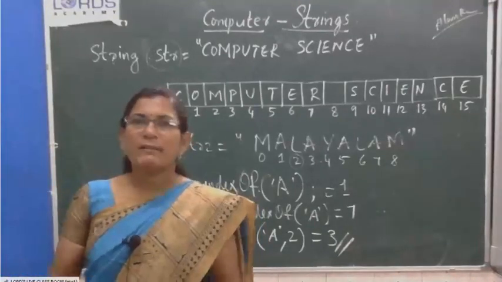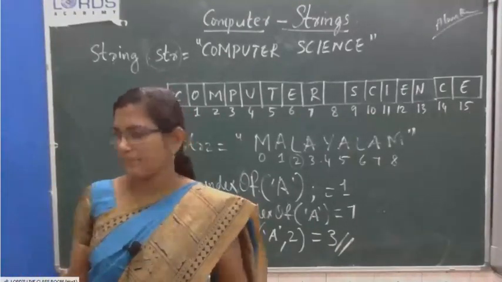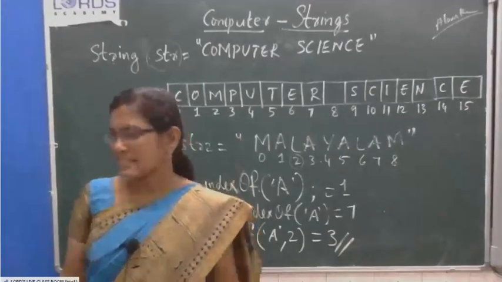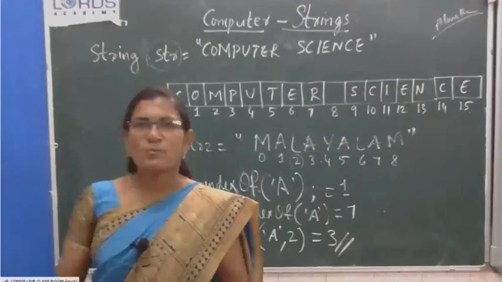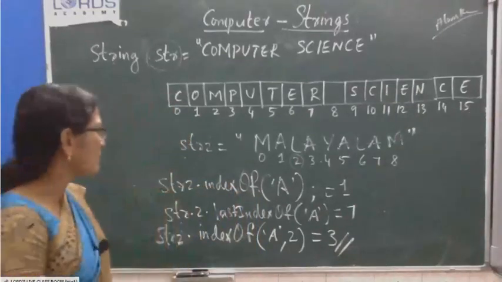I want to take out a group of characters from a string. 2 more methods I will just discuss. Substring method. Okay. I just want to take out a group of characters from a particular string.